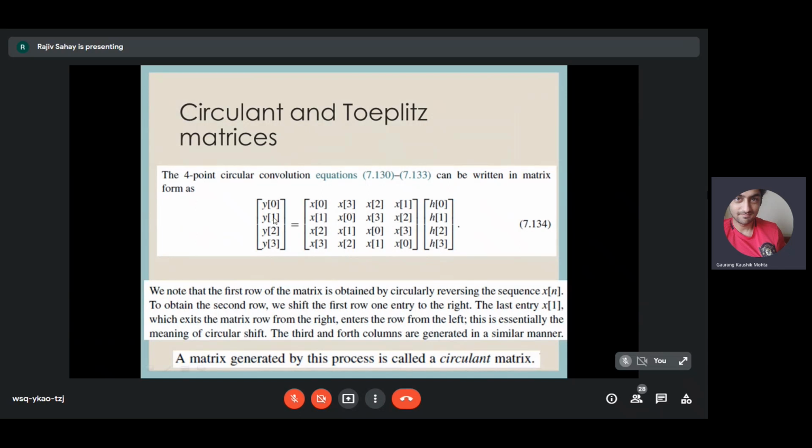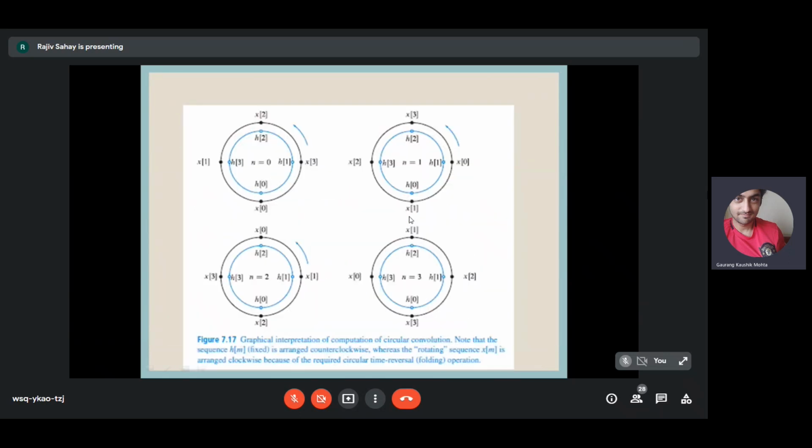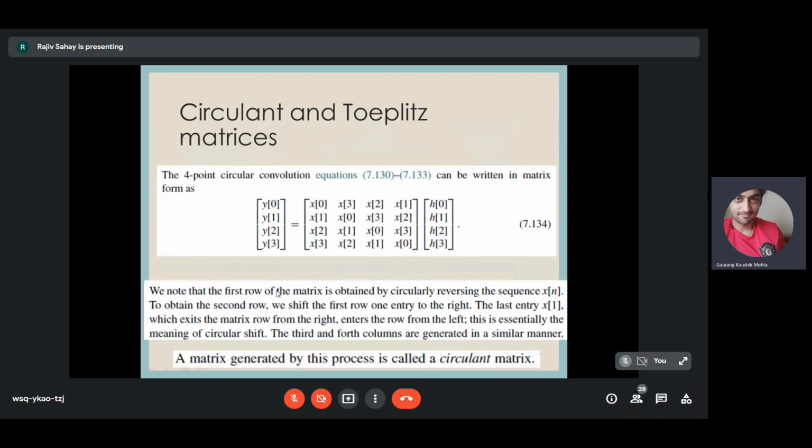For the n equal to 1 case, we have x1, x0, x3, x2. For n equal to 2, x2, x1, x0, x3. Like that, you will get all the elements of this matrix.